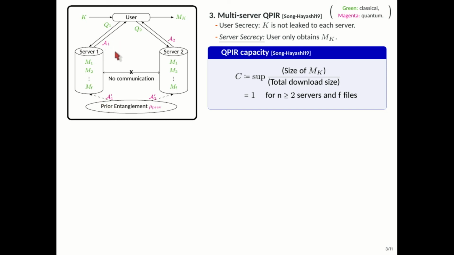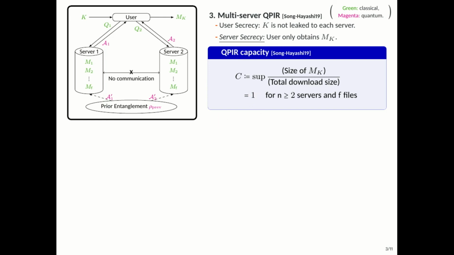In addition, we considered another secrecy called server secrecy, in which the user obtains only the targeted file and does not obtain any other information of other files. Considering these two secrecies, we derived that the capacity, QPIR capacity, is 1.